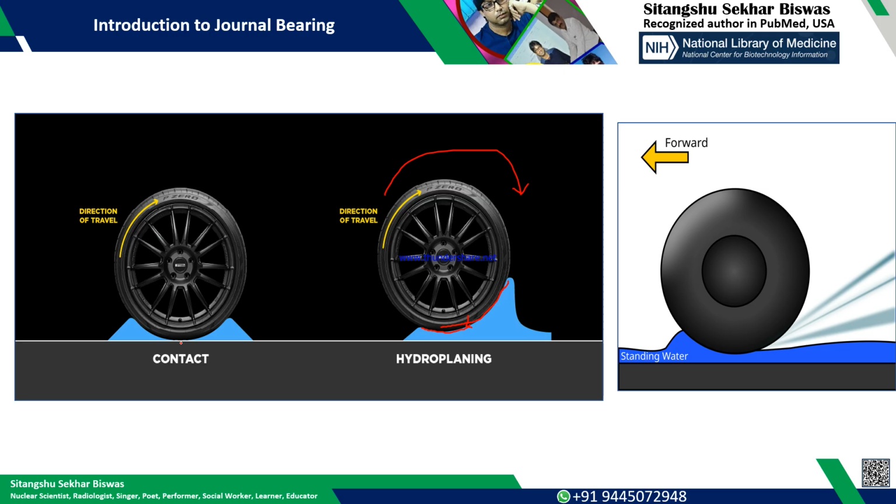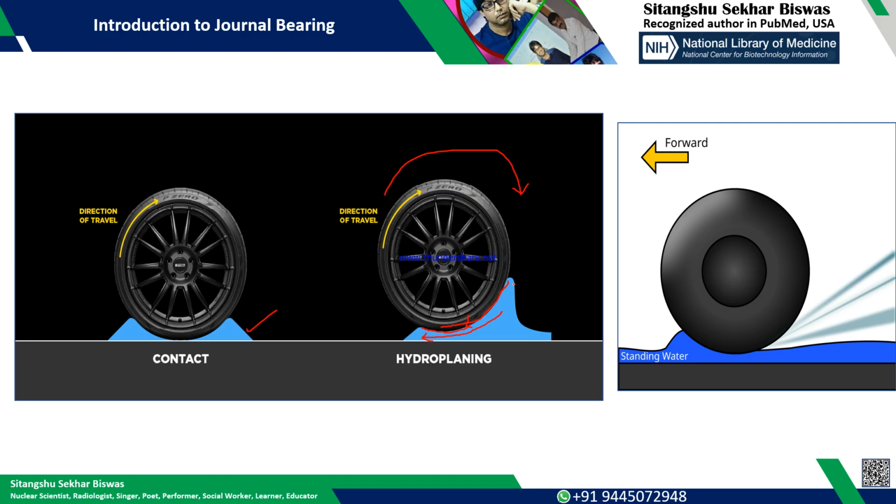Suddenly, when you go inside the stagnated water, due to that velocity some higher pressure will develop here and it will try to push the water like this. That gap is very minimal in this case, and once, due to this pressure, the tire is slightly lifted, then what will happen?